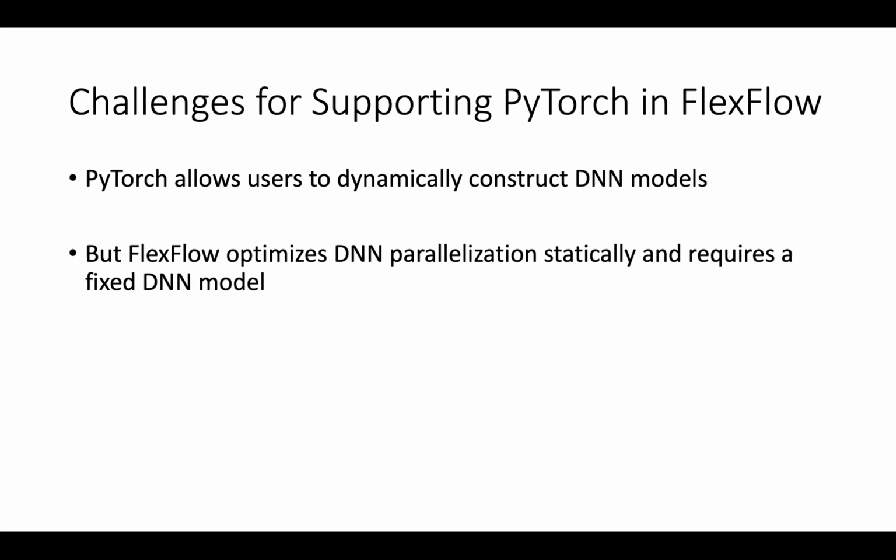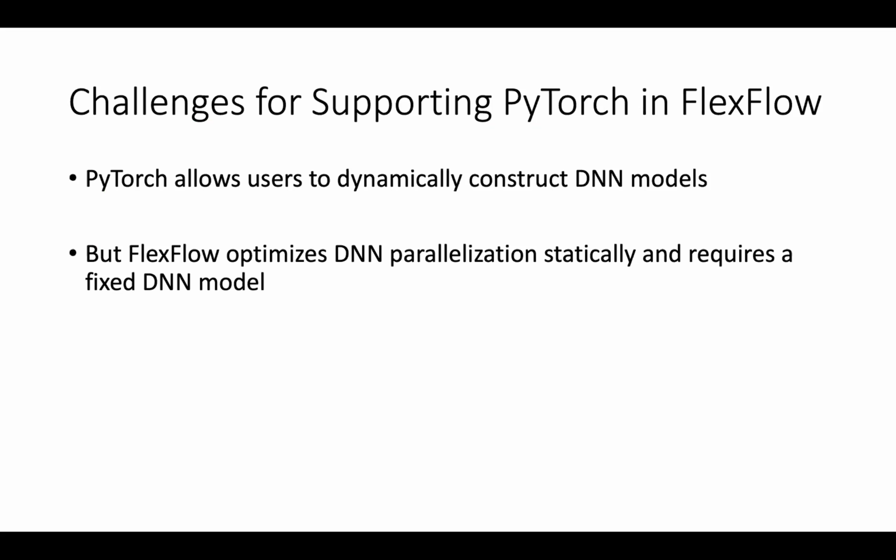Now let's look at the PyTorch support. For the PyTorch support, we do not reuse the Keras solution. It is because PyTorch allows dynamic construction of the model, which is not the programming model of FlexFlow. FlexFlow performs a static model optimization after the entire model is created.